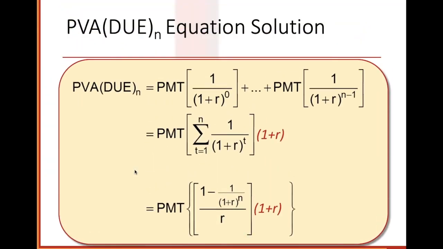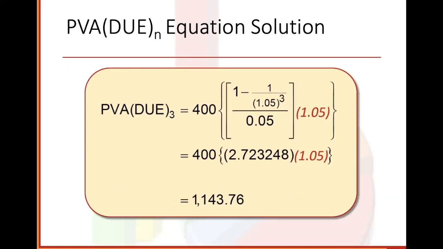So here's the equation. Again, here's that multiplied by our growth rate. So 400 times 1 minus 1 over 1.05 to the third, divided by our interest rate, times our growth rate. When we do all of those calculations, we'll get 1143.76.